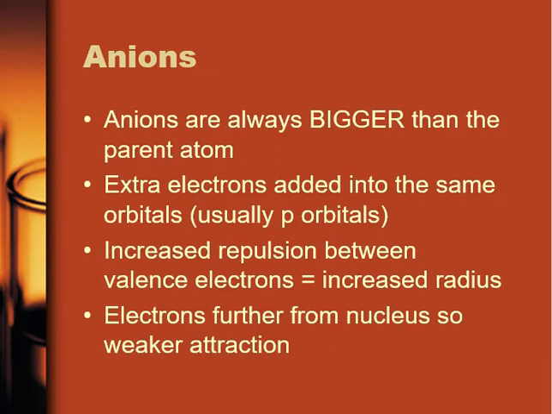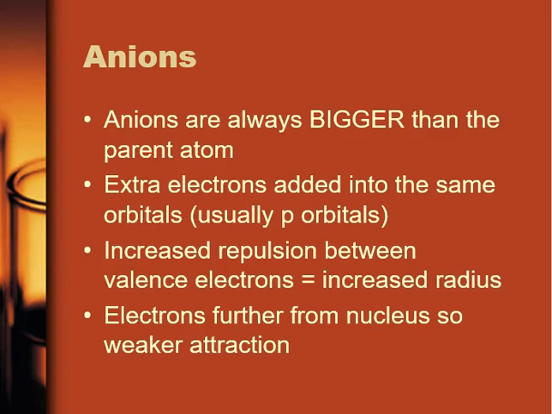Anions are always going to be bigger than the parent atom. The reason for that is that anions have gained electrons, and those electrons are usually going into the same orbital that is already partly filled, usually a partly filled p orbital. The number of protons doesn't change, the number of electron shells doesn't change, but you're putting more electrons into that same shell.